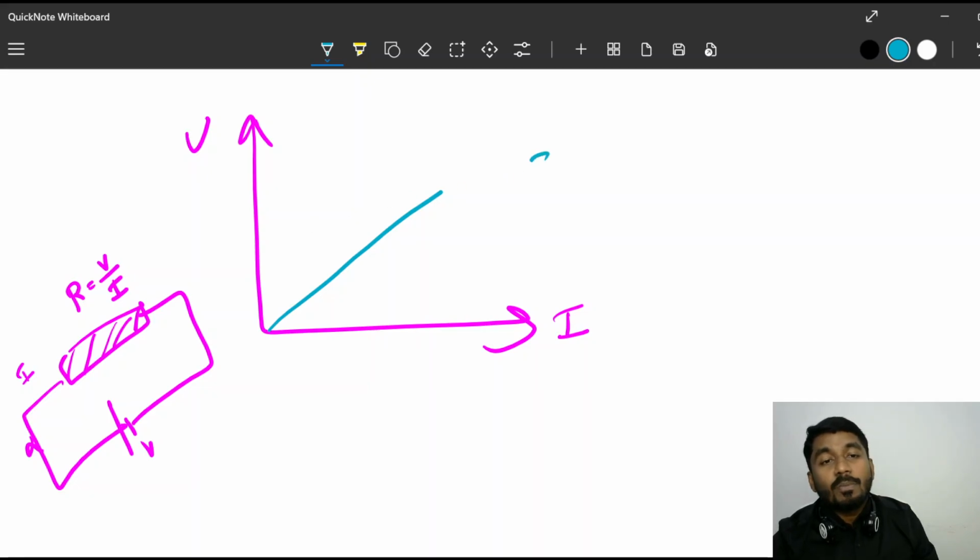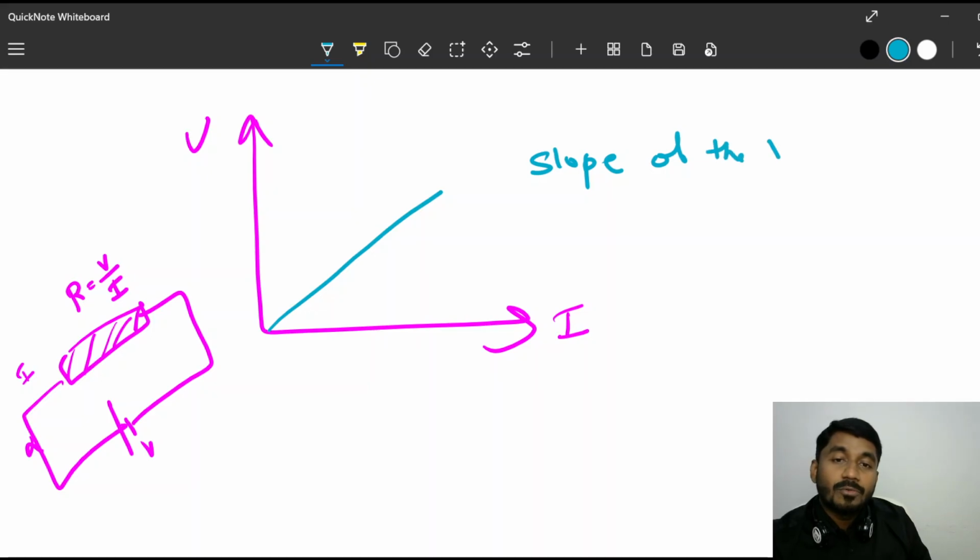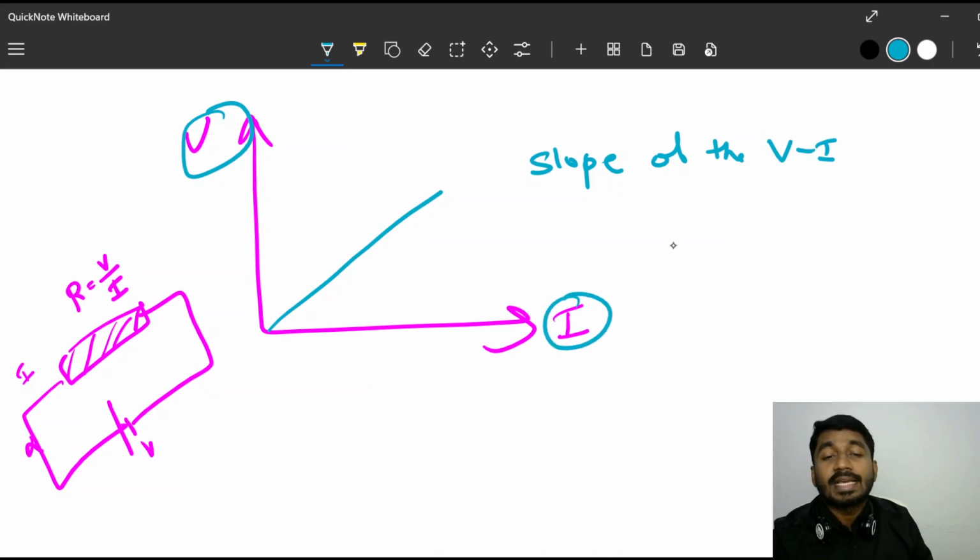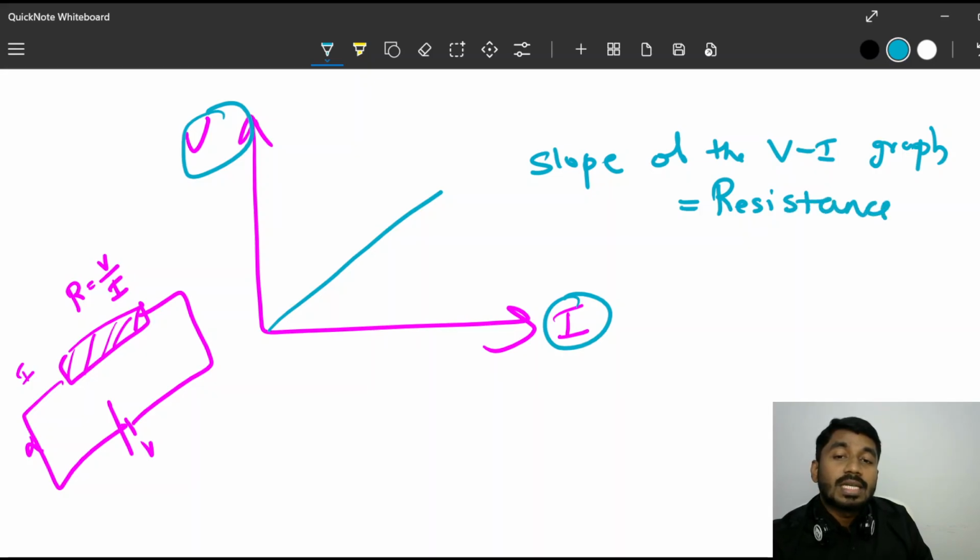V should be on the y-axis and I on the x-axis. The slope of the VI graph will give you resistance. The point is clear, everyone, right?